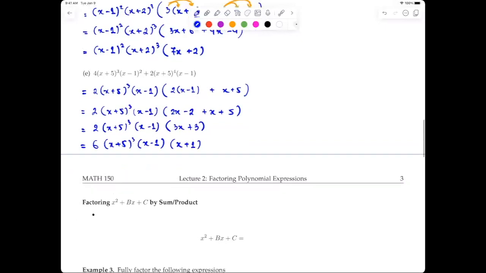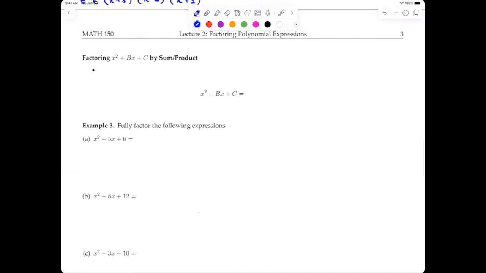Okay, let's move on to another expression, x squared plus bx plus c. So if we have this form, can you actually simplify or apply a factored form of x squared plus bx plus c?